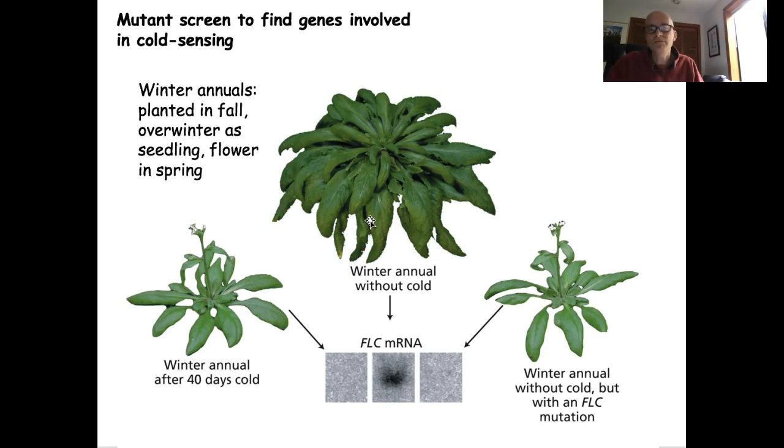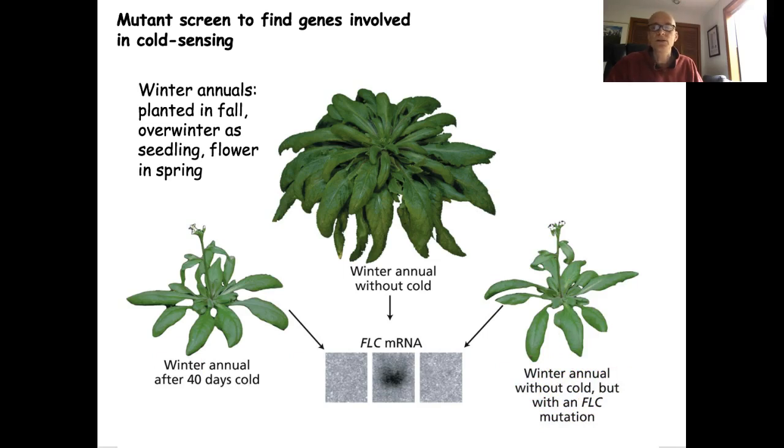And it will, at some point, and that is because SOC1 might be activated by other pathways. But as long as the plant is not treated with cold, FLC mRNA remains. So this mutant was found that was flowering without the necessity of cold treatment.